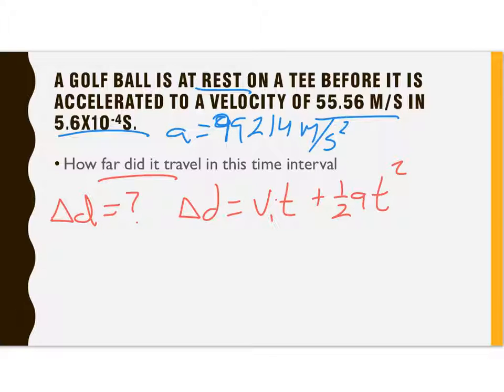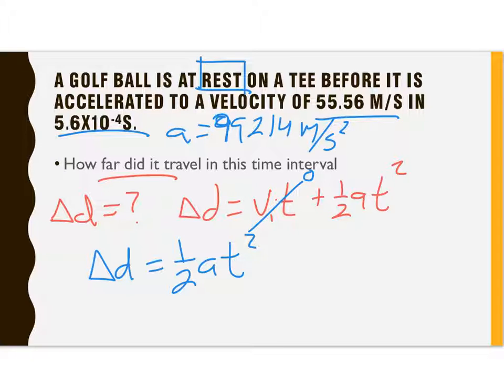Since my VI is 0 because it starts at rest, 0 times T is 0, so that whole term disappears, and I have just delta D equals 1/2 AT squared.